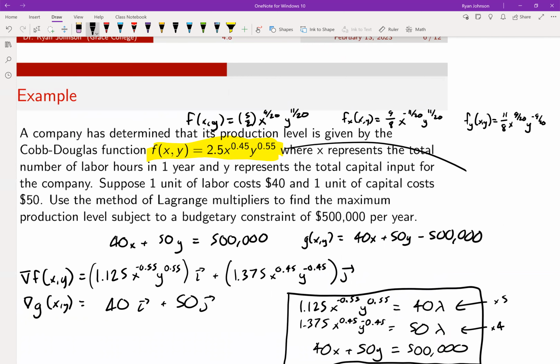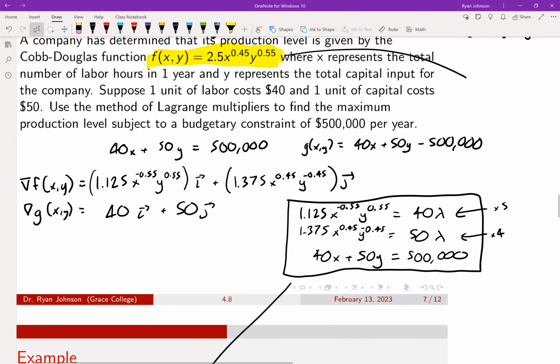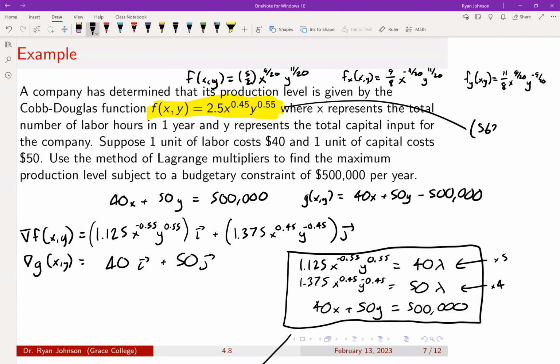The solution we got, which is 5625 and 5500, as well as the endpoints of g. When x is 0, then 500,000 divided by 50 would be what, 10,000?